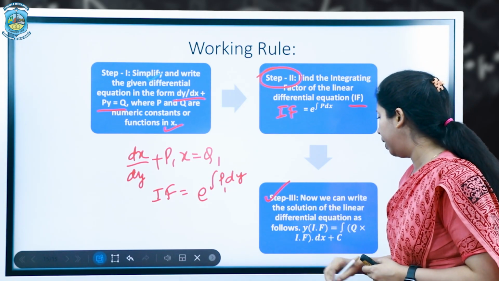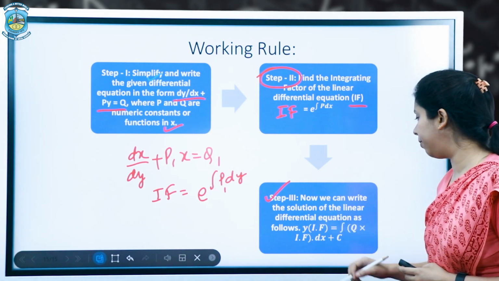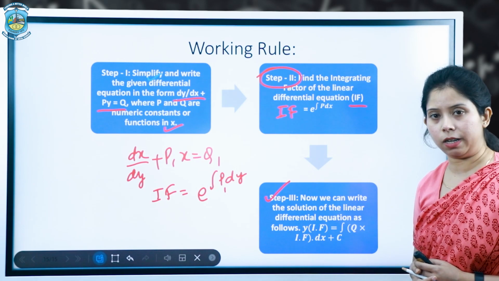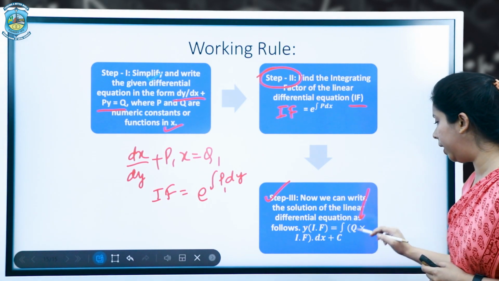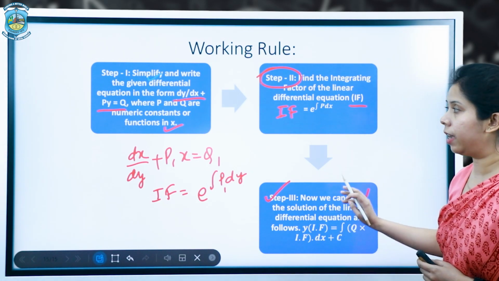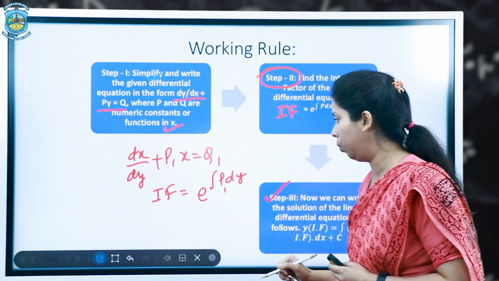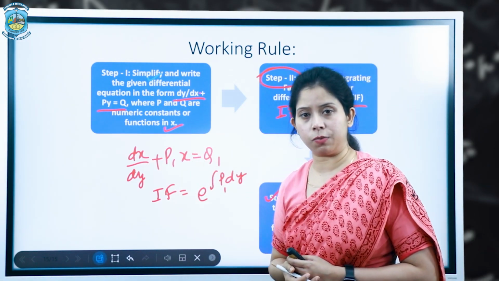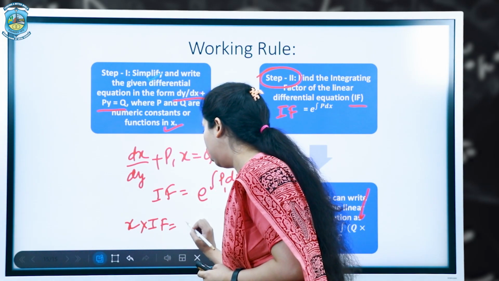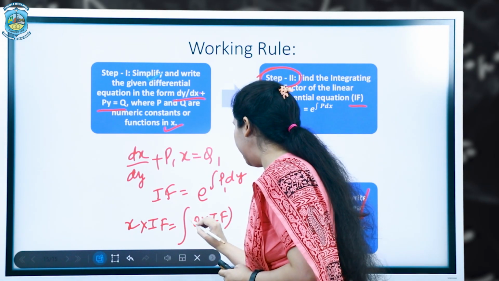And the last step is, now we write the general solution of the linear differential equation as follows, as we have already discussed, that is y into integrating factor is equal to the integral of q into integrating factor dx plus c. But this formula is for the differential equation dy by dx plus py is equal to q. Talking about the general solution of the other form of differential equation, it is given by x into integrating factor is equal to the integral of q into integrating factor dy plus c.